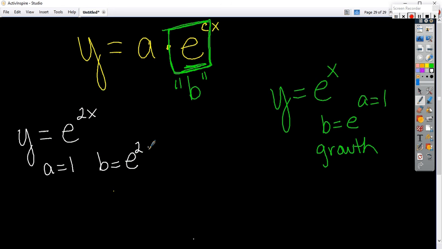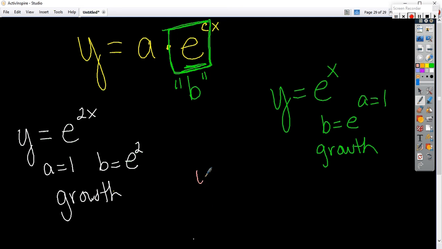Well, if you square 2.7, the x has got to be up there. You got to keep the x in there. If you have e squared, is that bigger than 1 or less than 1? Bigger. Can you think of something you could plug in for that number that would cause it to be less than 1, that would make it decay?